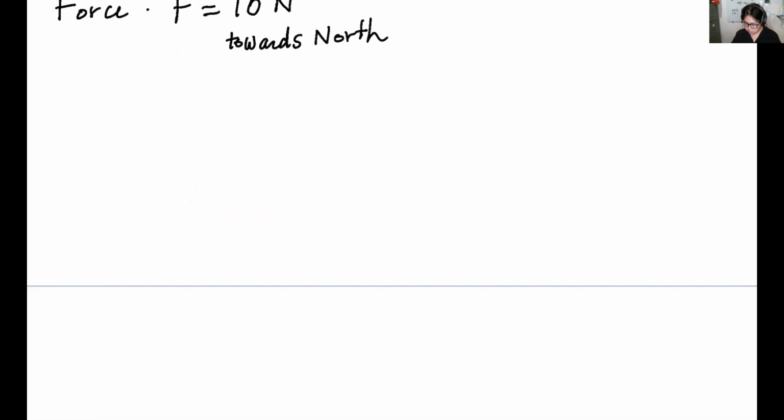To talk about vectors graphically, we use arrows.